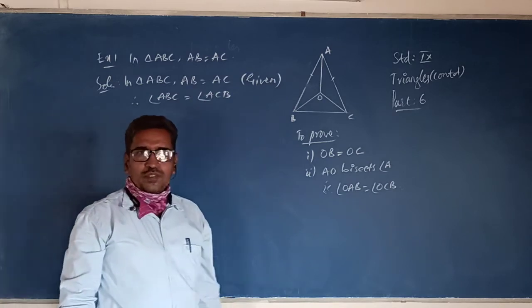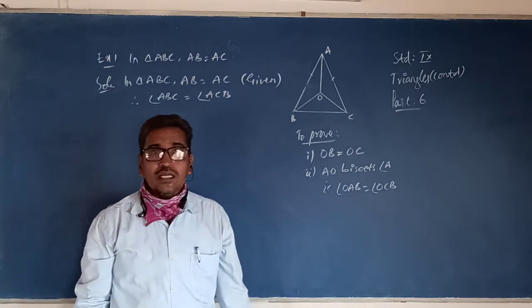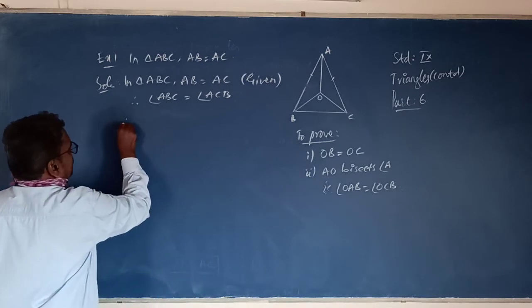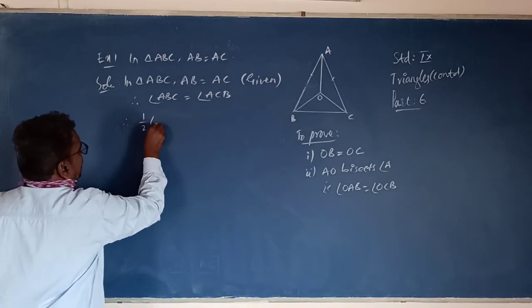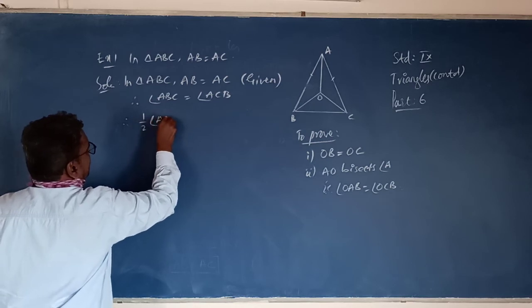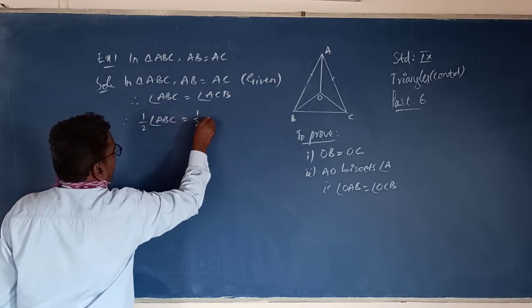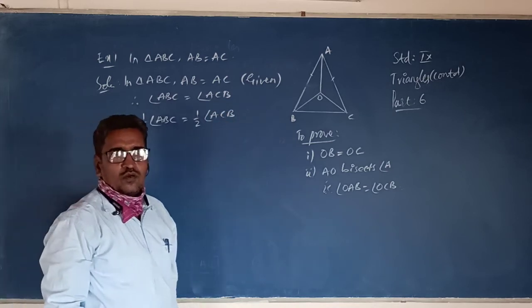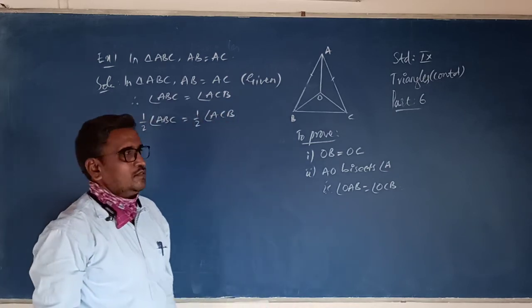And what is OB? OB is a bisector. Bisect means exactly two parts. It means half of angle ABC is equal to half of angle ACB. Understand?